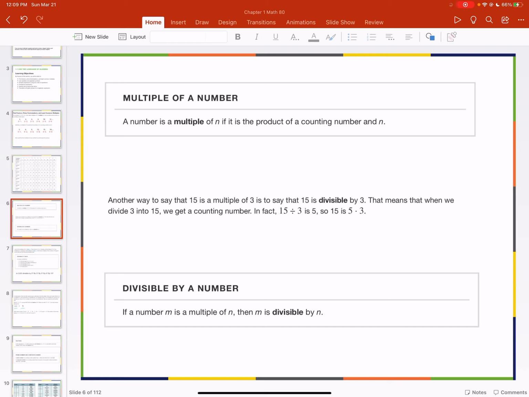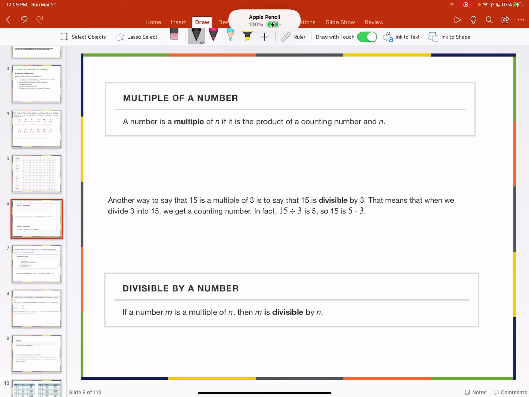Another way that you can talk about multiples is to say that the product is divisible by one number. To say something is divisible by another means that if you divide it, you get a whole number, a counting number. We said before that 3 times 5 is 15, and so 15 divided by 3 is 5 as well.